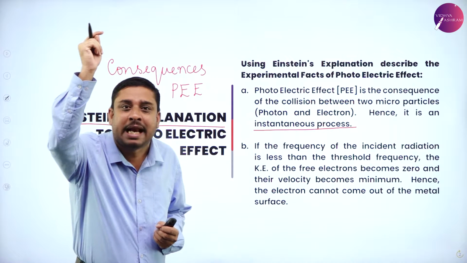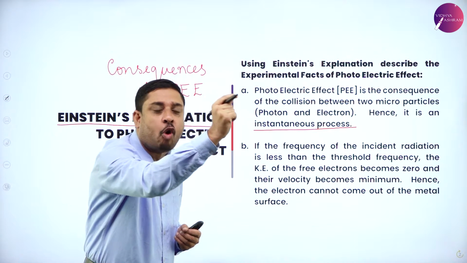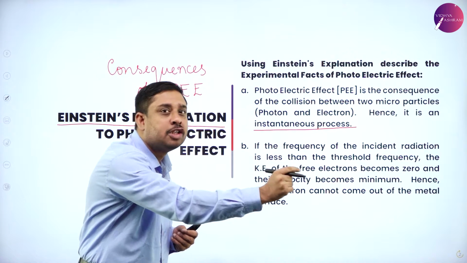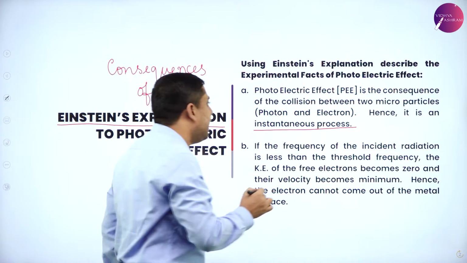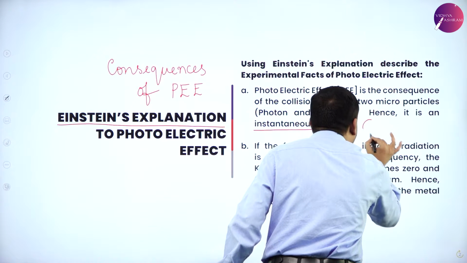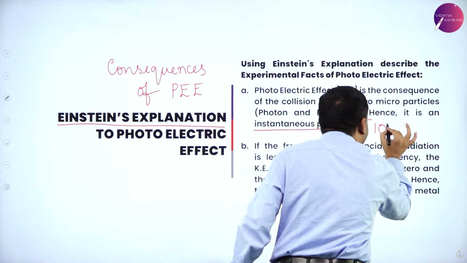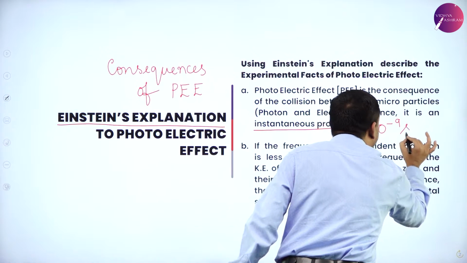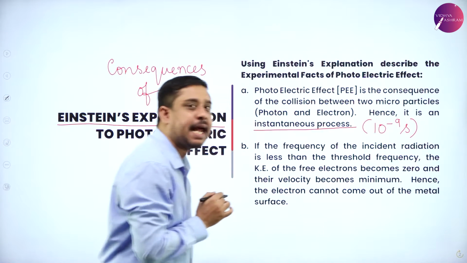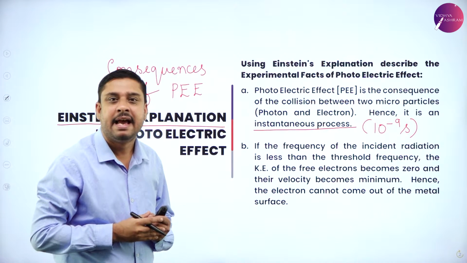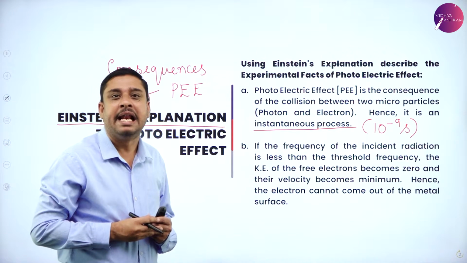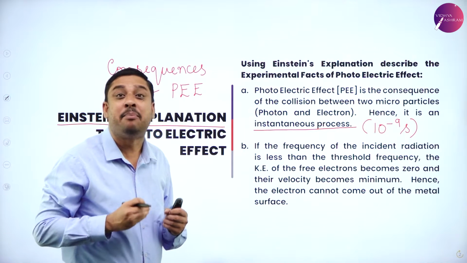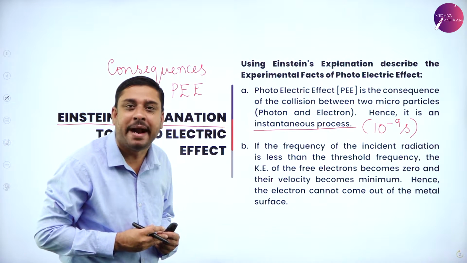As soon as the photon falls on the metal surface, in a time interval of nanoseconds, 10 power minus 9 seconds, a very small time interval, an electron is liberated from the metal.